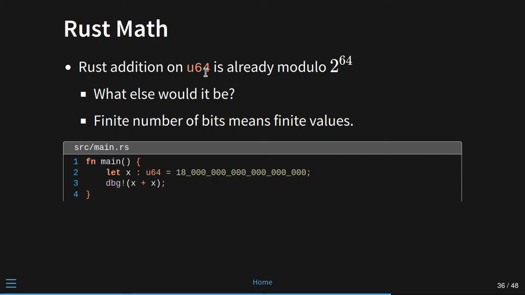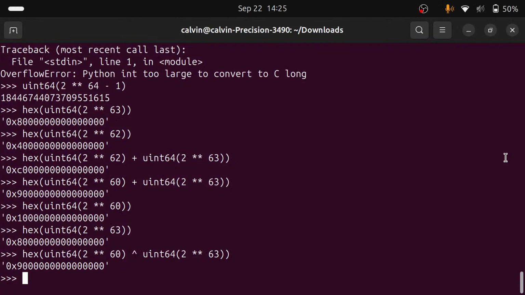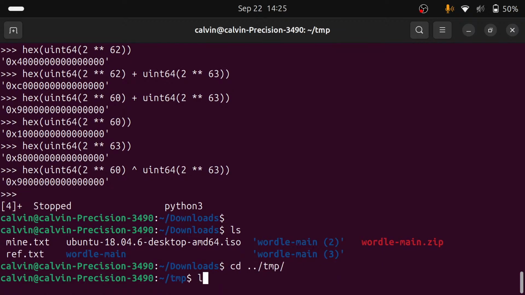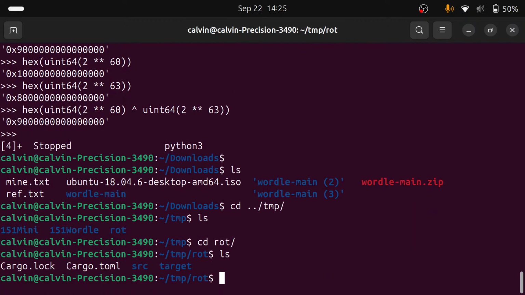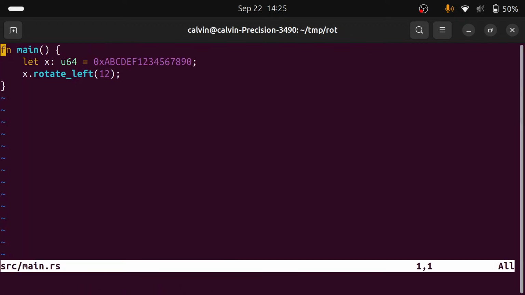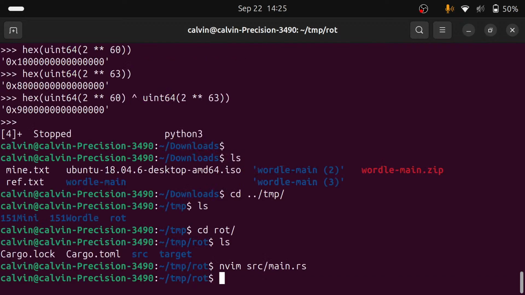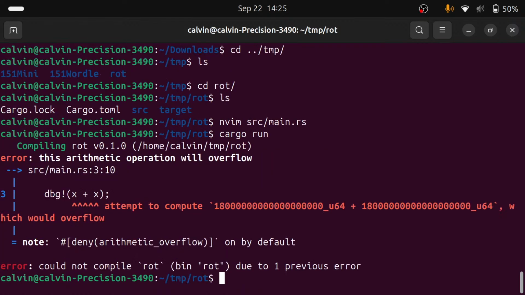Rust addition on U64 is already modulo 2^64. Let's check it. Right.